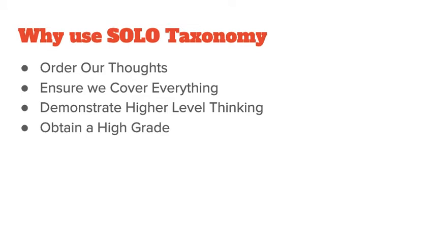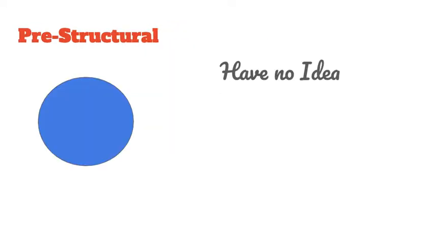So what are the levels and what do they look like when it comes to music analysis? Number one is pre-structural. That means that you have no idea about anything about the topic. You have not heard of it. And that is absolutely fine. What you need to remember is that if you don't have the answer, that is fine.